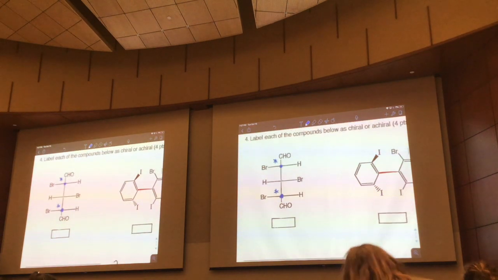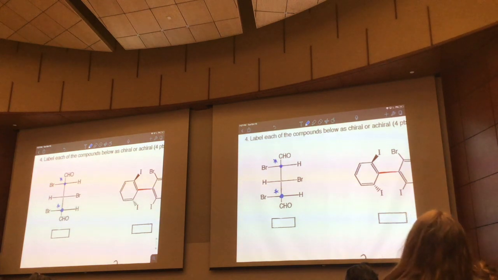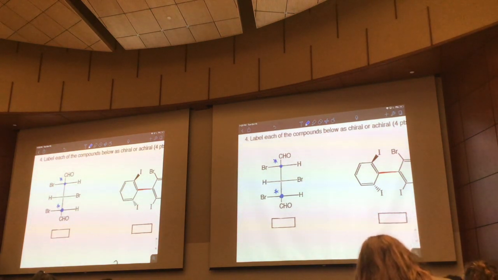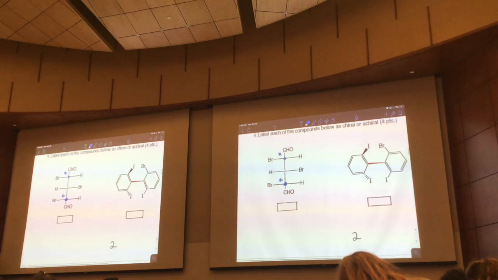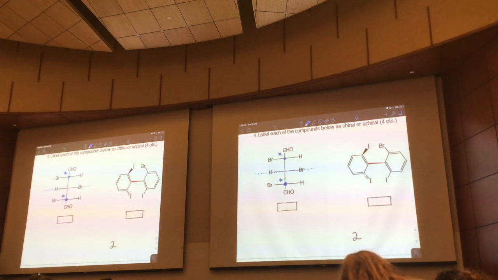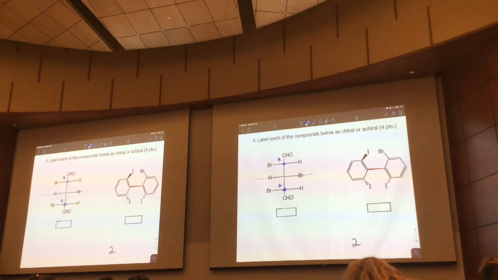Is there anything else we look for when we're talking about chirality of molecules? Planes of symmetry, that's going to be the big giveaway here. So looking at this molecule, is there any place we can draw a plane of symmetry? If we draw a plane right through the middle here, you're allowed to cut atoms in half. That's still a plane of symmetry. We notice on both sides, everything is exactly the same.